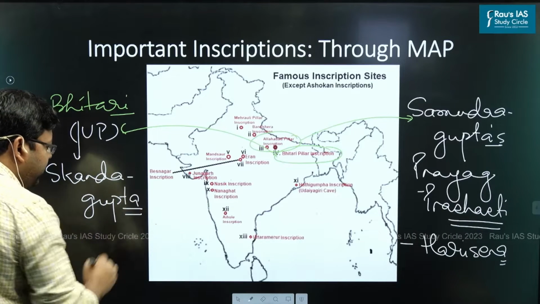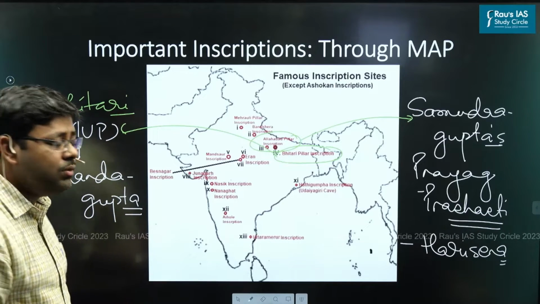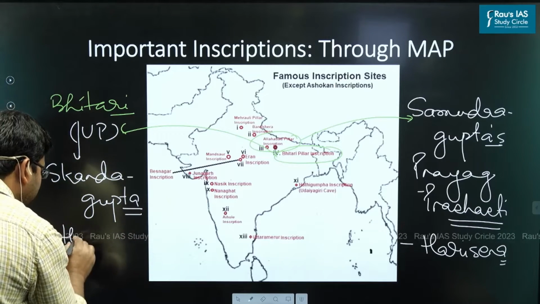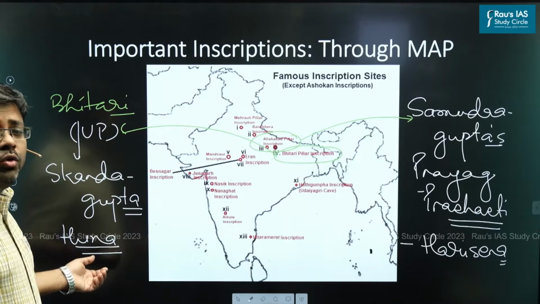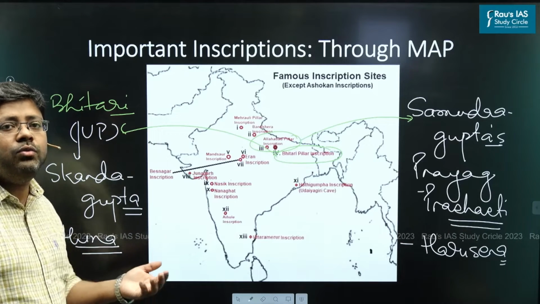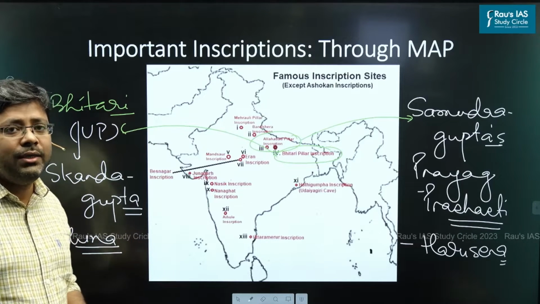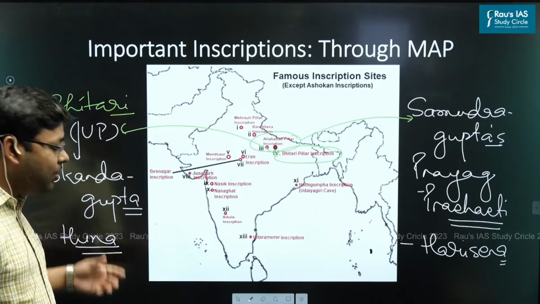The last prominent Gupta ruler was Skandagupta, and he was the last Gupta ruler who was successful in defending against the Huna attack. Who were the Hunas? A Central Asian invading tribe. One of the reasons why the later Guptas declined is that they failed to tackle the attack of the Hunas.